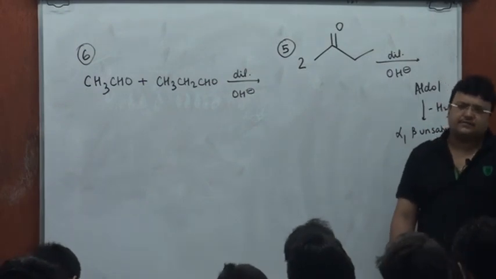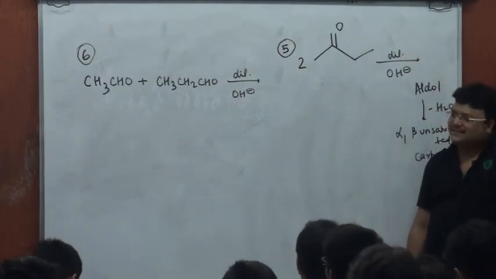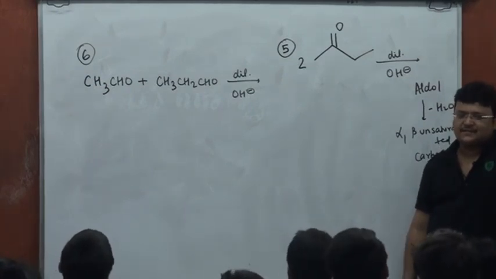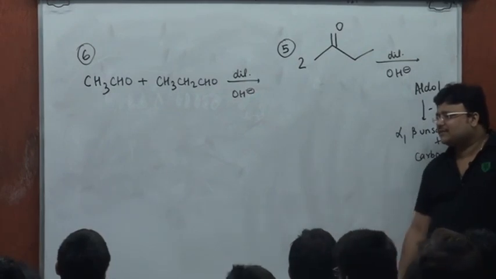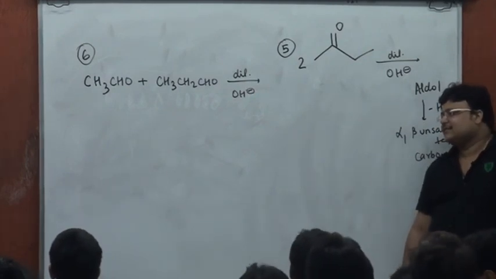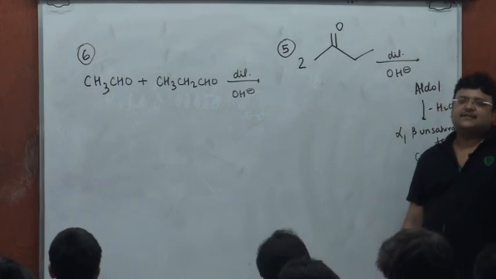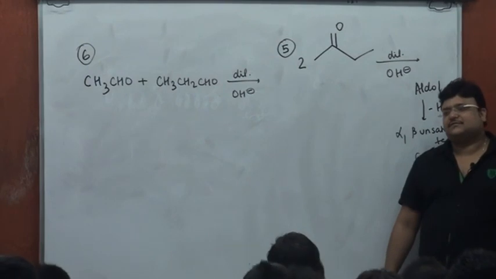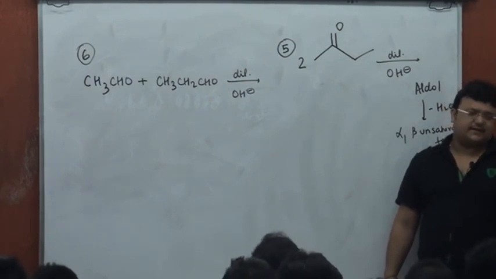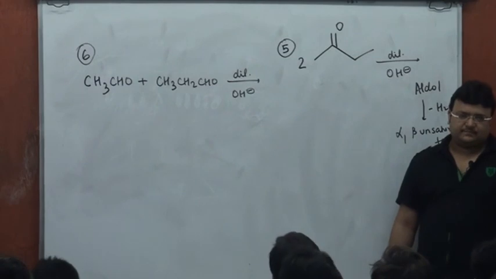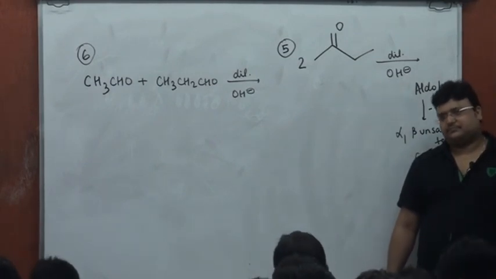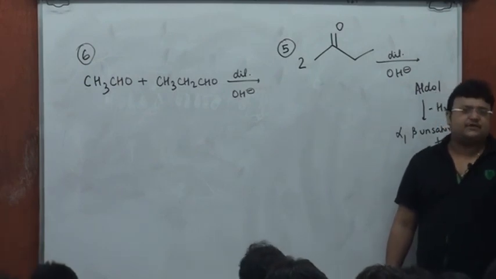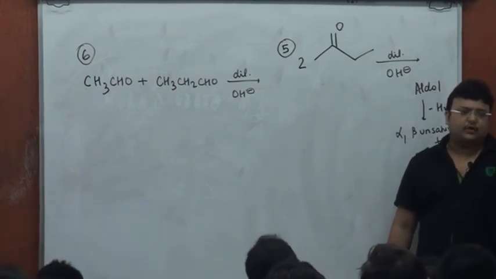Now the question is, how many products are possible? How many products are possible? Okay, we will draw all the products. How many products are possible? 4 or 3? Repeat, if you subject a mixture of carbonyls to dilute base.